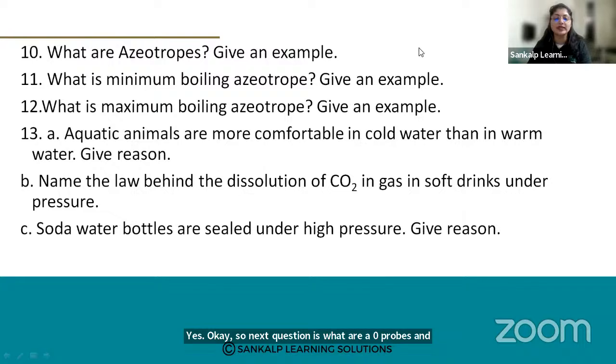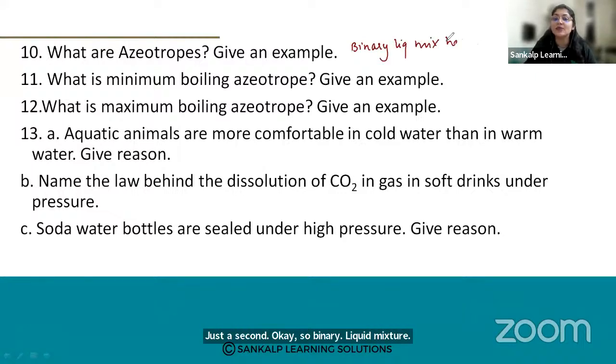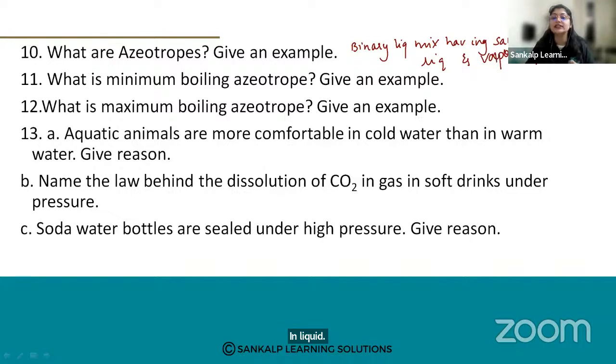Azeotropes are binary liquid mixtures which have the same composition in liquid and vapor phase, and they boil at constant temperature.